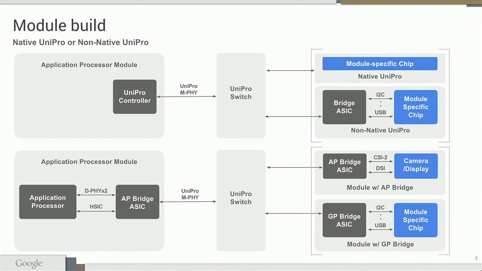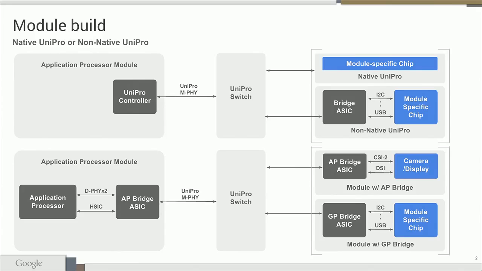So, as you have noted throughout the day, the UniPro network forms the basic backbone for the Ara phone system, and into which all the modules have to plug. If you look at this slide, the top half shows two types of implementations for the UniPro: the native implementation and the non-native implementation.